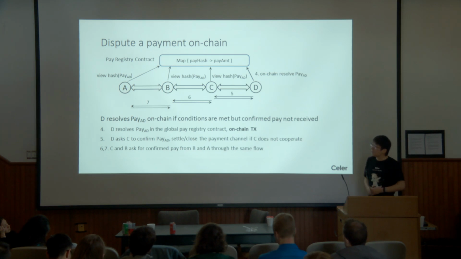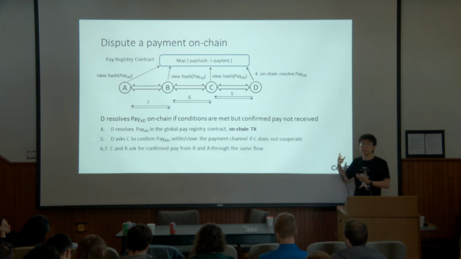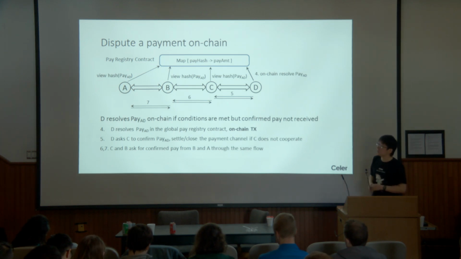And in either case, if the upstream does not cooperate, the node can always decide to settle or close the channel. And during the payment channel settle process, the channel contract will go over the pending pay list and find out that this pay has already been resolved in the pay registry, so the fund is safe.